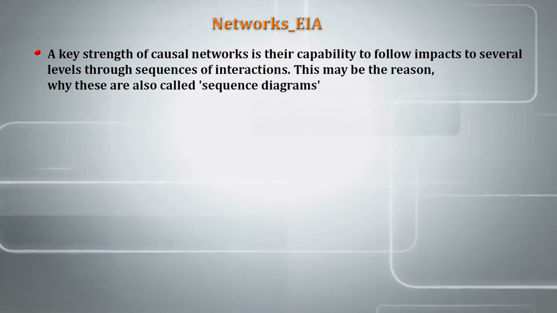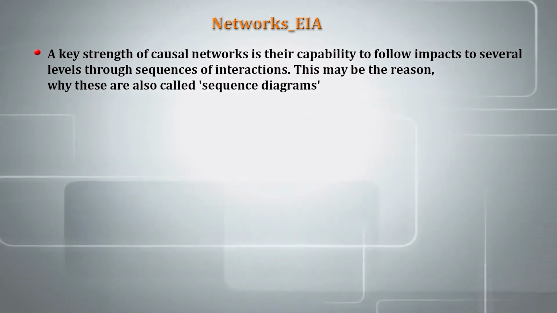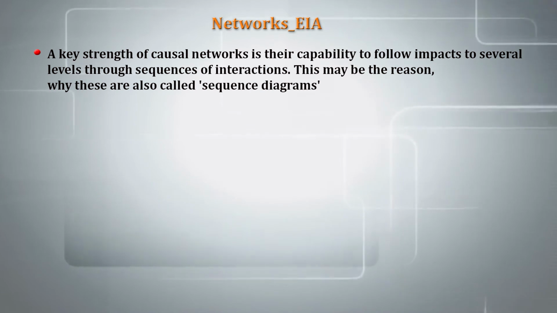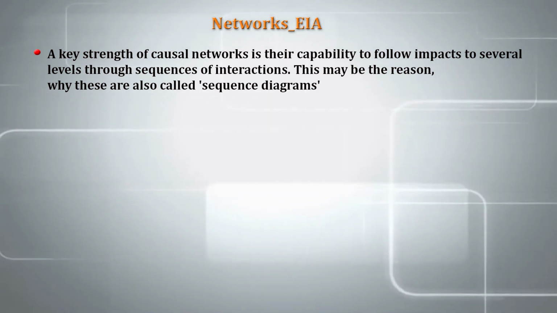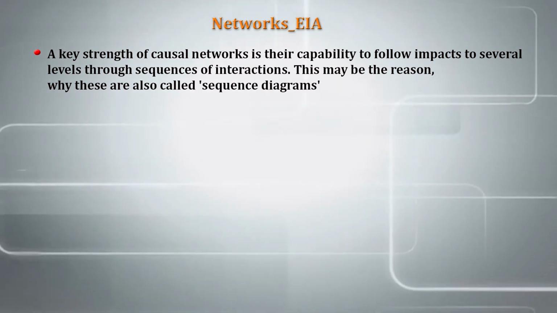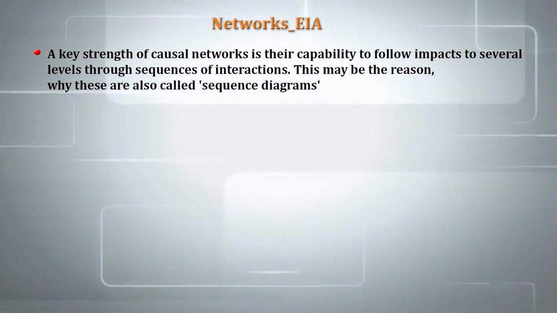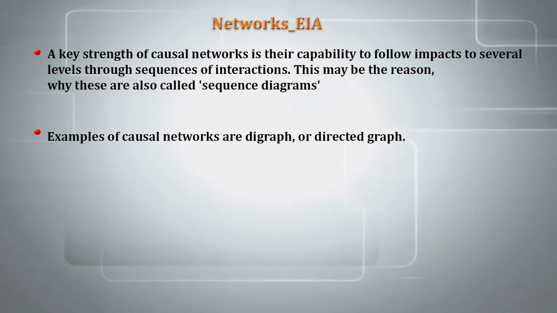A key strength of this causal network is its capability to follow impacts to several levels, because at each and every level it can go through a sequence of interactions, and this may be the reason why these are also called sequence diagrams. The examples of causal networks are digraphs or directed graphs.